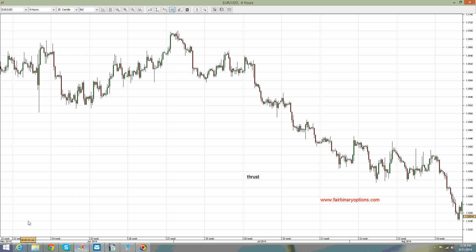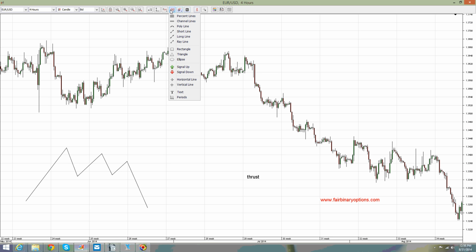What does it mean, reversal? It means that you have a trend, for example, that comes from the downside, and the market moves like this to the upside, and then forms a contracting triangle, like A, B, C, D, and E, and then moves lower.